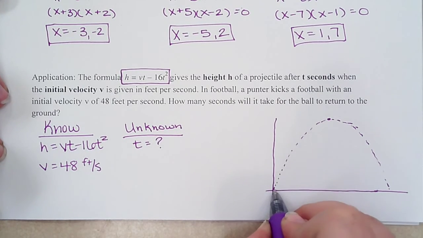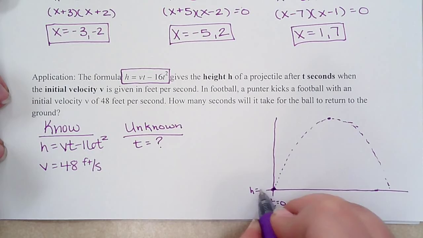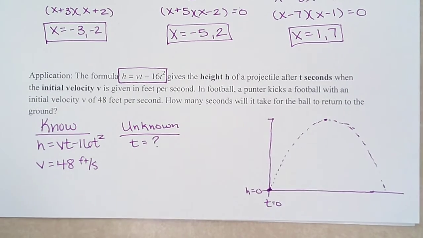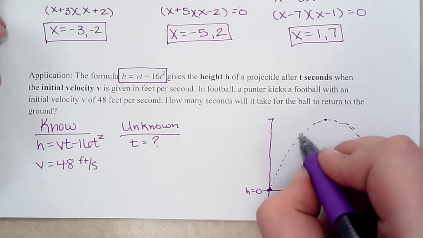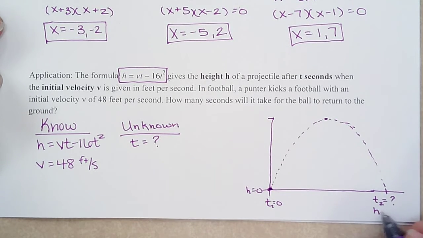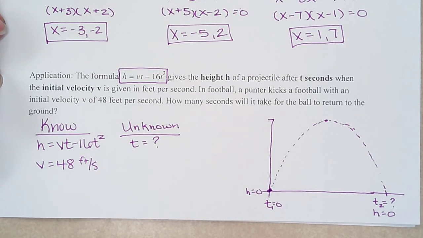So at time 1, when it's on the ground, time equals 0, it hasn't left the ground, so its height is 0. At some point, it's going to reach a maximum height. We don't know what that is. But when it comes back down at time 2, we don't know what that time is, but we do know that its height ends up back at 0.